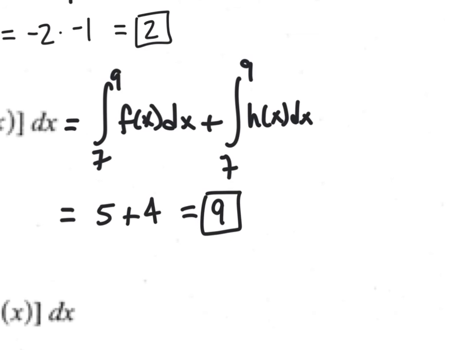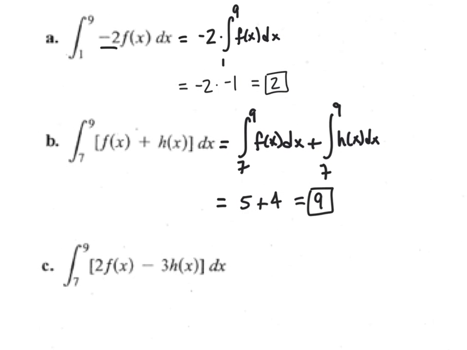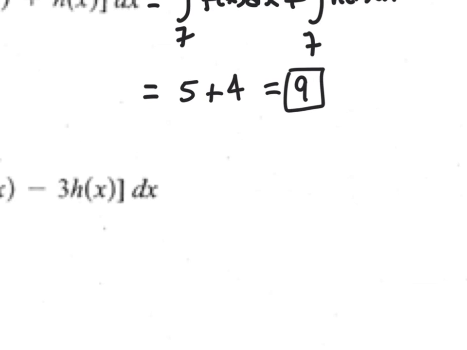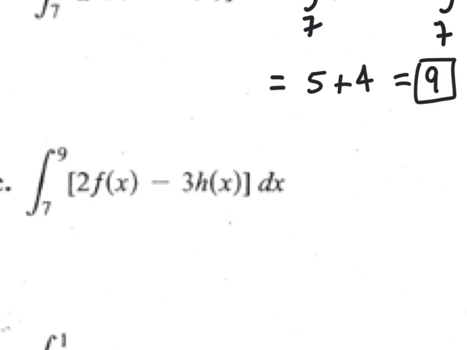Okay? All right, now let's combine parts A and B to do part C. And I'm going to stop the video at that point. But what I've got here is the integral from 7 to 9 of 2 times my function f minus 3 times my function h. So I'm going to rewrite this.